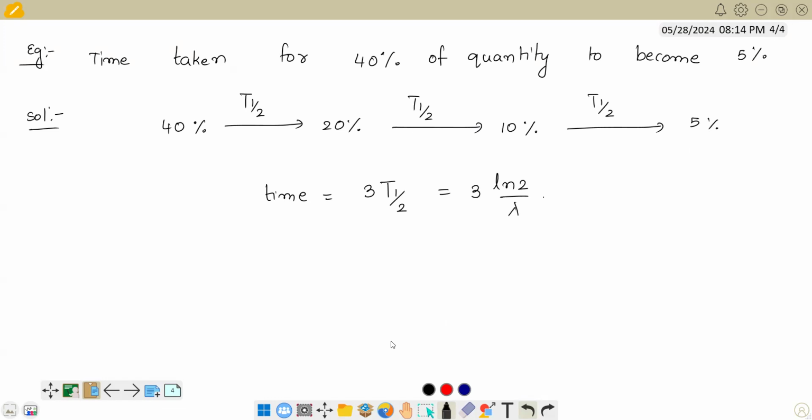Let us see one application where we use it. One application could be charging and discharging of a capacitor. A practical application in JEE Mains or any competitive examination would be charging and discharging of a capacitor. Let us say we take discharging of a capacitor.